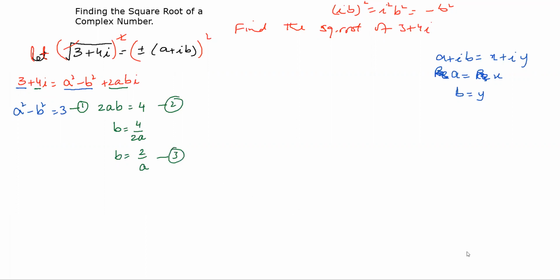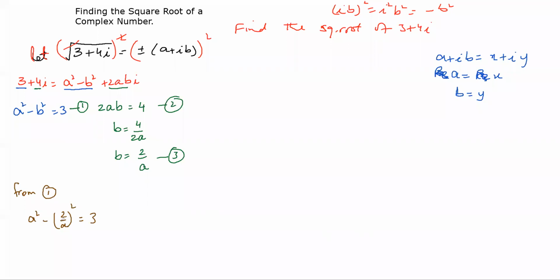So now you substitute this b from the third equation into the first equation. So we have a square minus 2 over a, whole square, equal to 3.